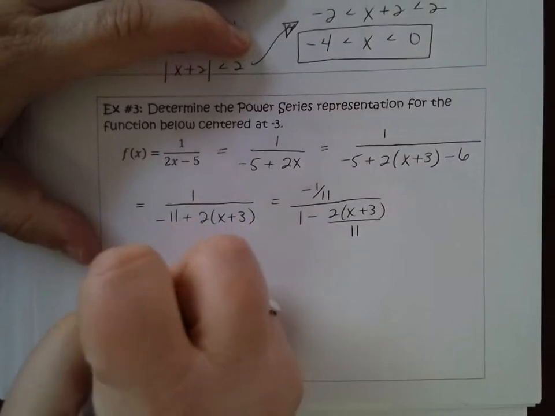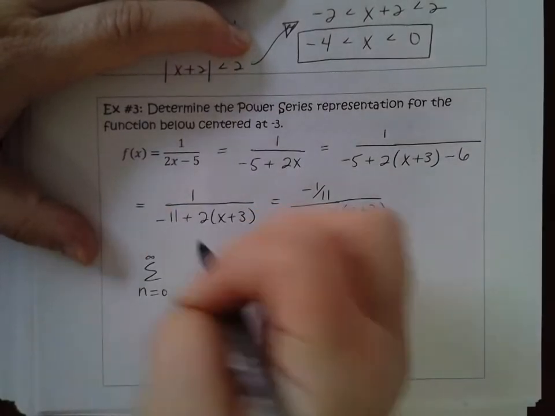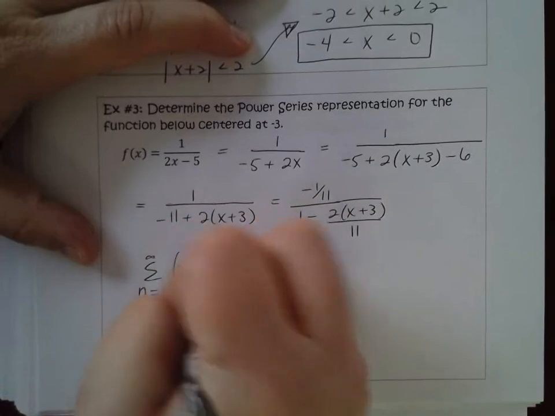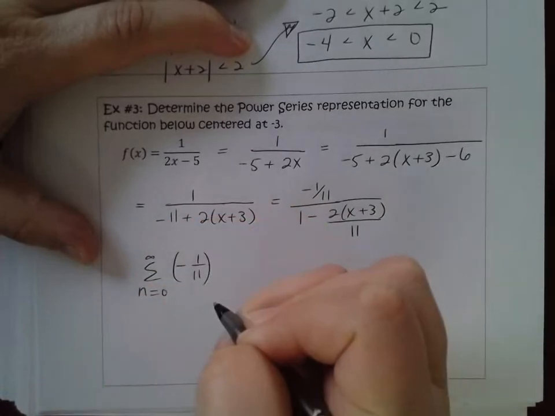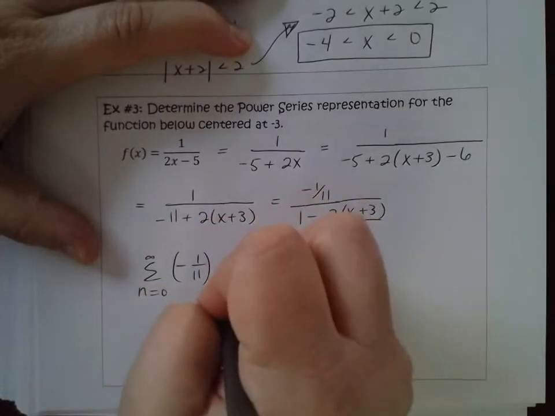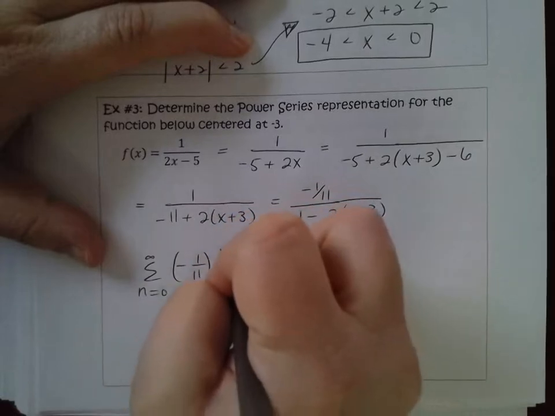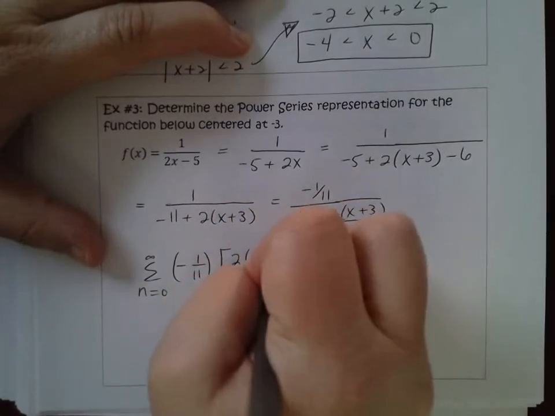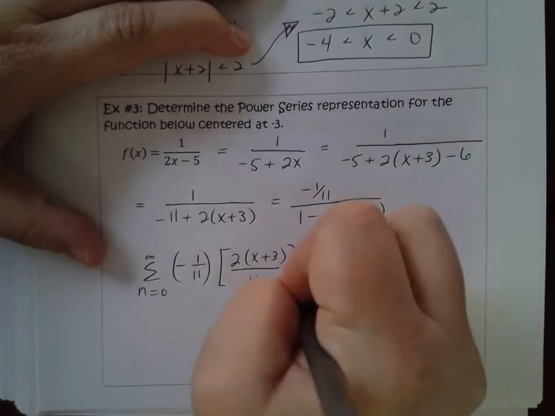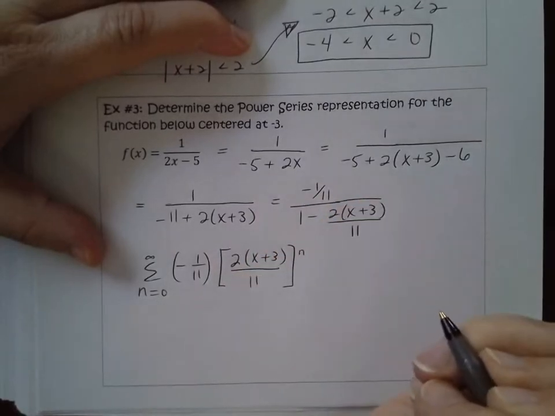Okay, so my series has an a value of negative 1 over 11, and it has an r value of 2 times x plus 3 over 11 to the nth power.